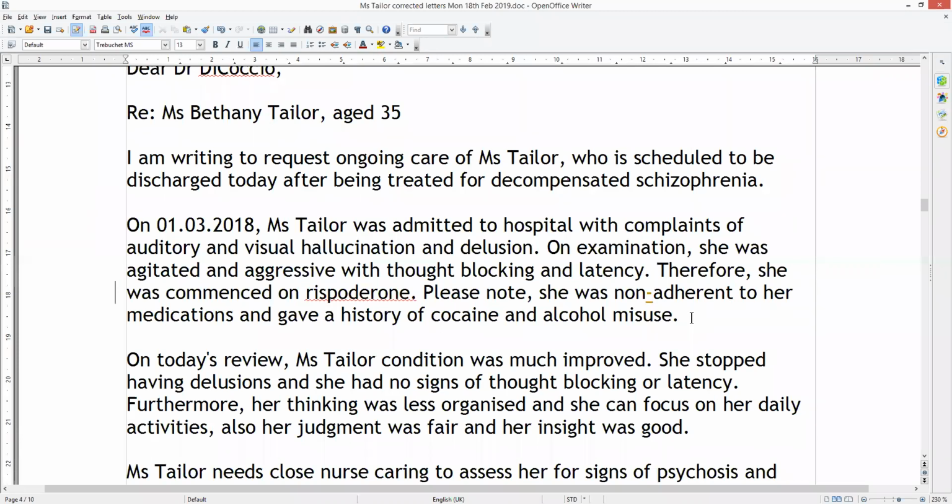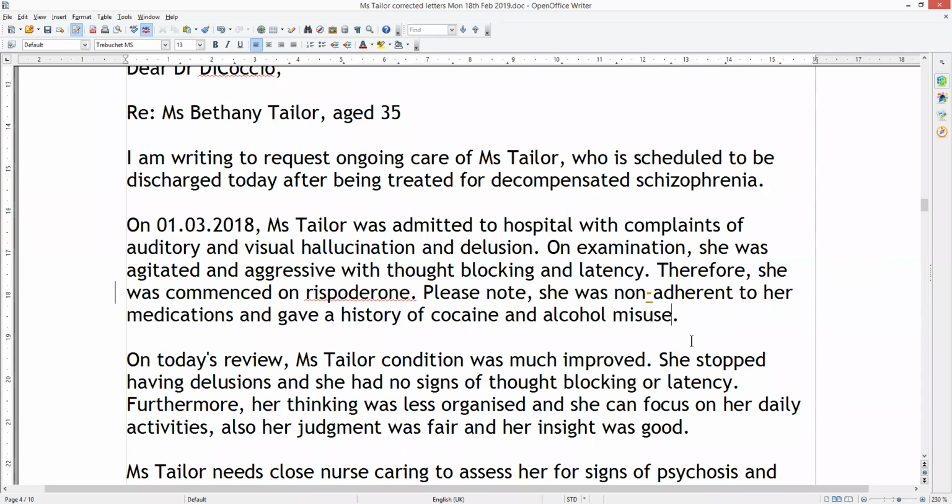Now, you see, we have a sentence here that introduces it. You still could have mentioned that she took coke the previous day, because that might have been pertinent. But still, that's a good sentence, yeah? Gave a history of cocaine and alcohol misuse or abuse.